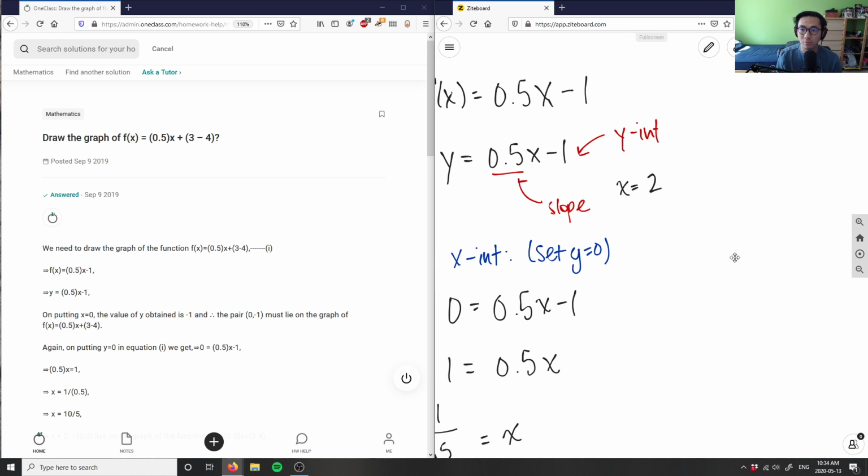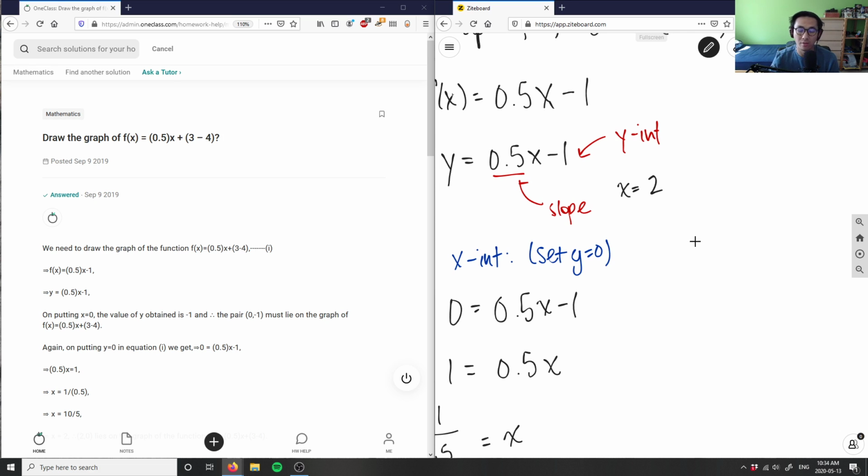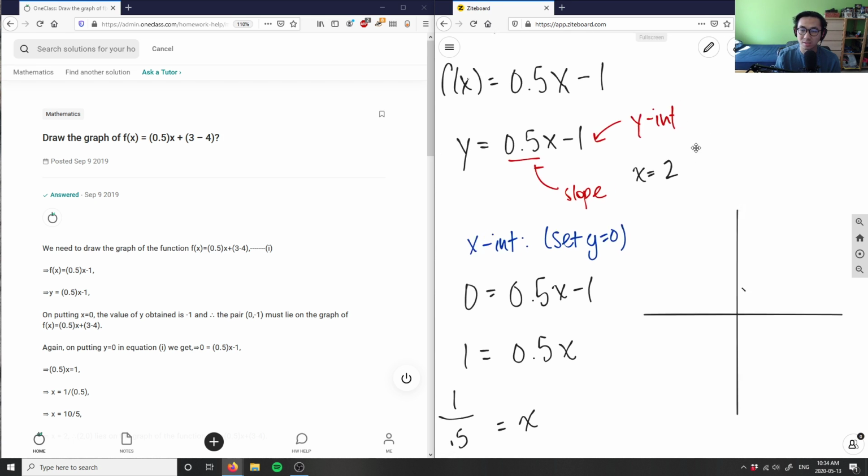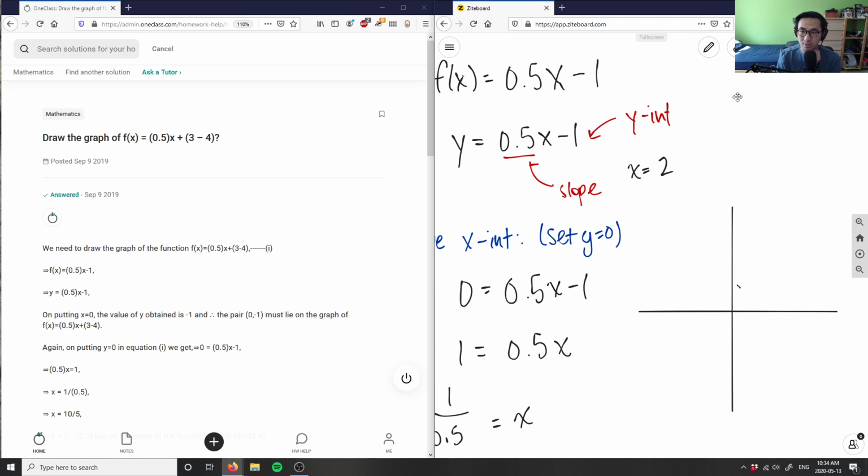And finally, now we can graph, right? We're given three types of information, so we can probably graph. So I'm going to sketch this graph, and I'll actually show you on Desmos what this graph actually looks like without the sketch. So I have here my intercepts. Again, -1 is going to be my y-intercept.